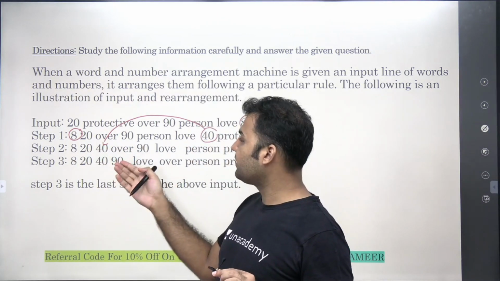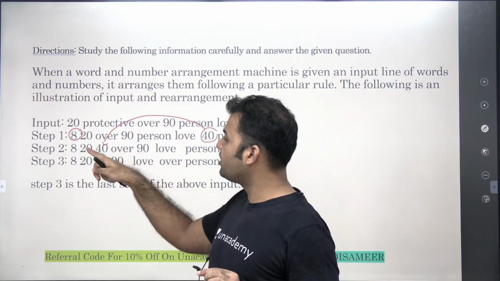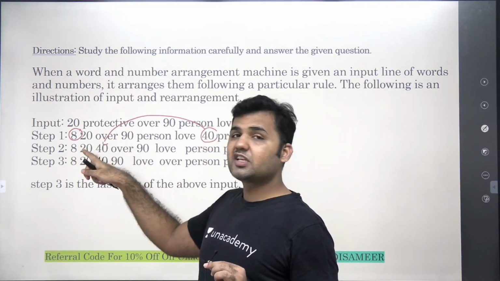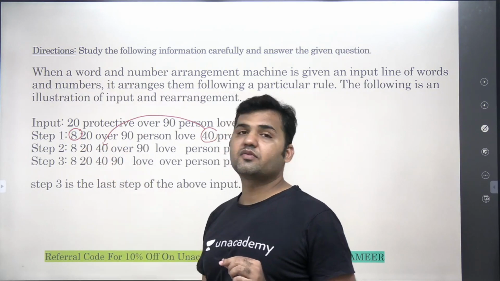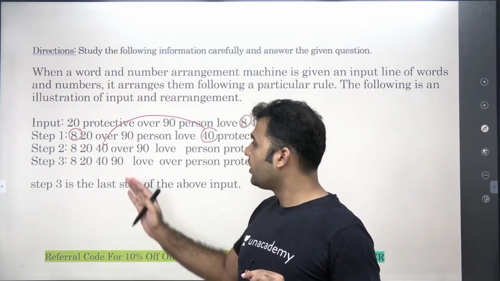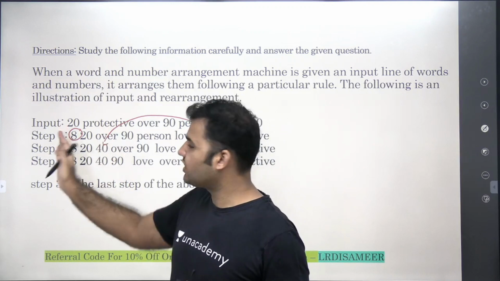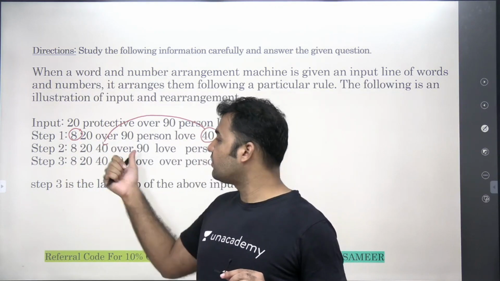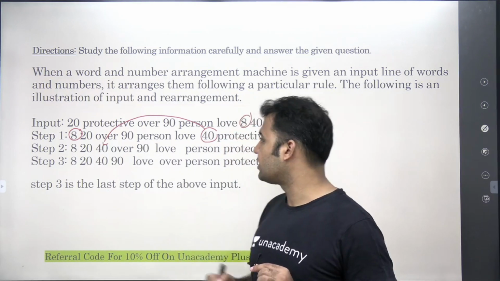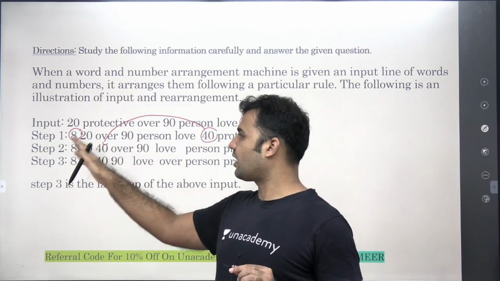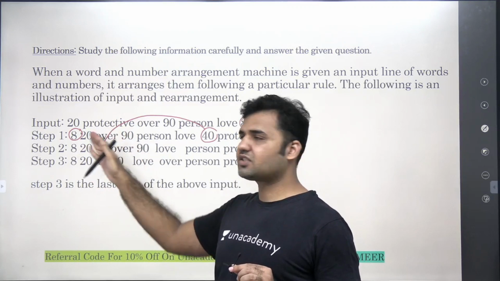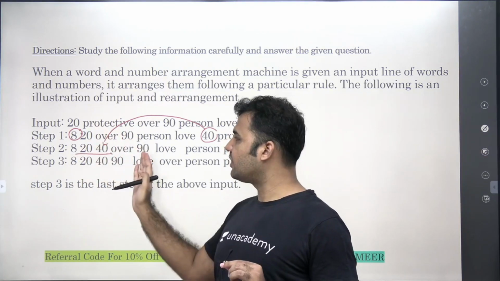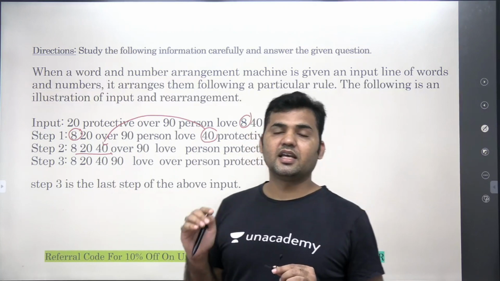Or you can also say that when you place the element on the right hand side of the previous moved element, that is called filling from the inside. If 40 would have been placed on the left hand side of it, that would have been called filling from the outside. This is called filling from the inside because elements are placed on the right hand side, that means on the inside, right? So this is the inside part of the sentence, so it is placed on the inside part, so that's called inside filling.